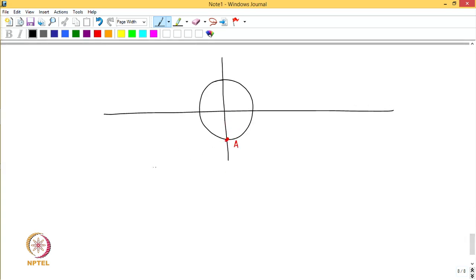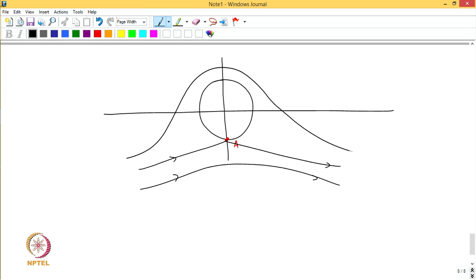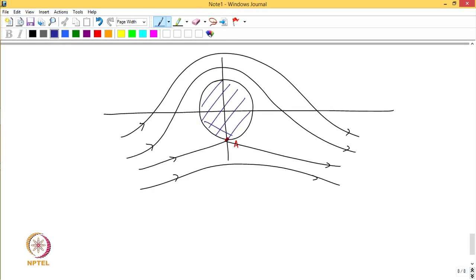All right, in this solid cylinder, that would be the profile, and only one stagnation point would be observed, and that too at the lowermost point, or the south pole, of this cylinder.